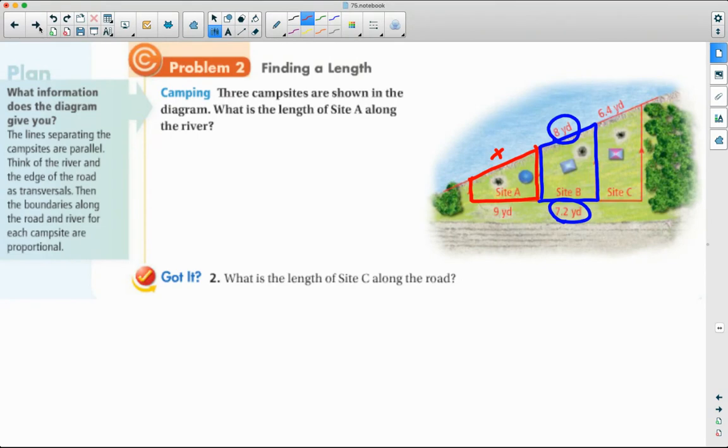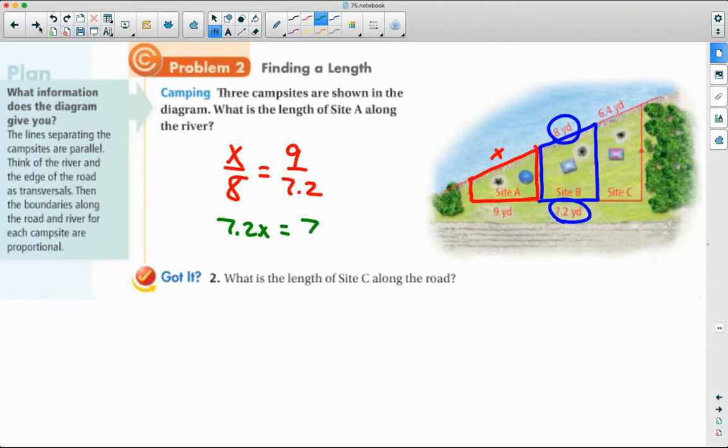Okay? So let's set up a proportion. How can we do it? Well, how about x over 8 equals 9 over 7.2? Now, you may have thought of setting up that a different way. If you thought of a different way, go ahead and write it down and see if the cross product is the same as the one that I have up here. And it should be. Okay, so if I cross multiply here, I'm going to get 7.2x is equal to 72.